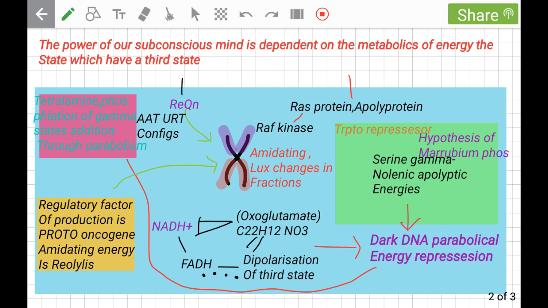So why glutamyl and hypophysosis, dipolarization in between the particulates are there. So it controls all the causes of production in our heart.